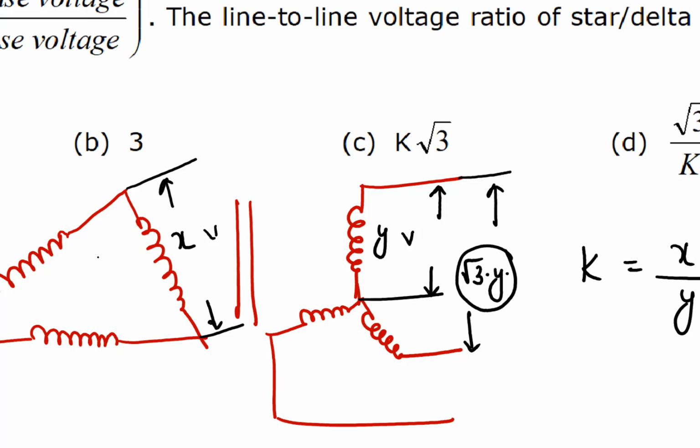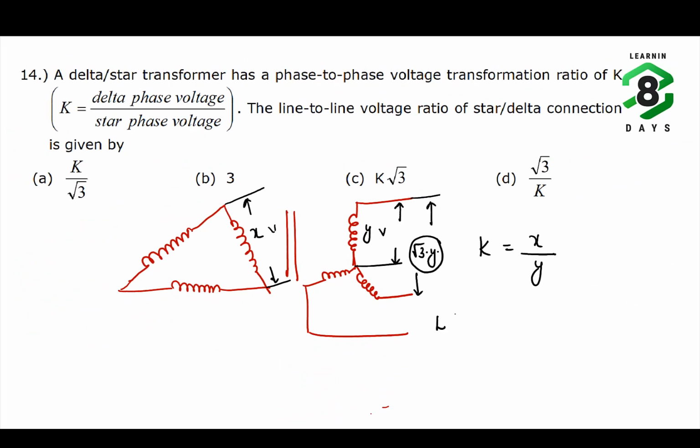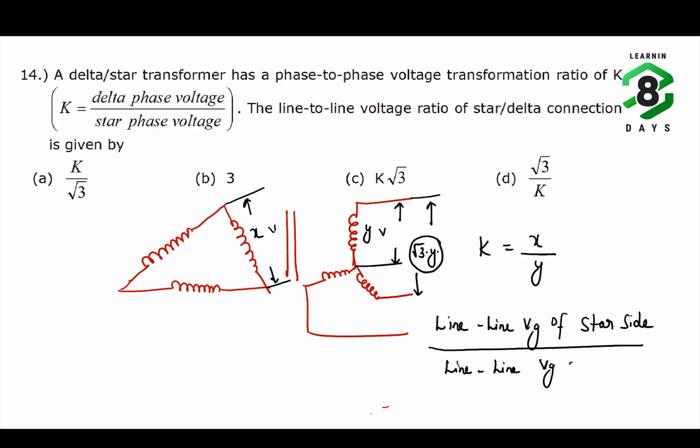So now if you calculate the line to line voltage of the star side divided by the line to line voltage of the delta side, what are you going to get?